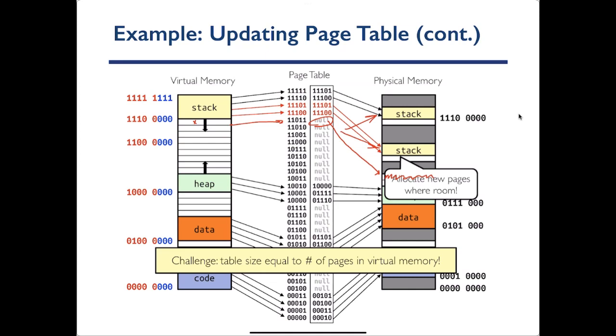That leads to too many virtual pages. Now, with this idea of a flat page table, I need one entry per virtual page, and that is going to be absolutely impractical.